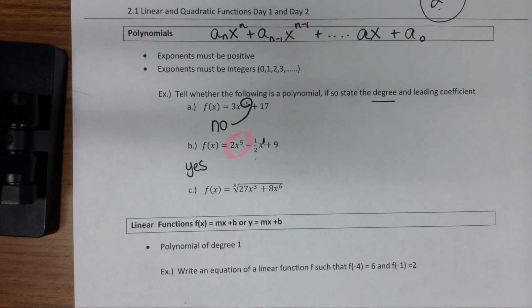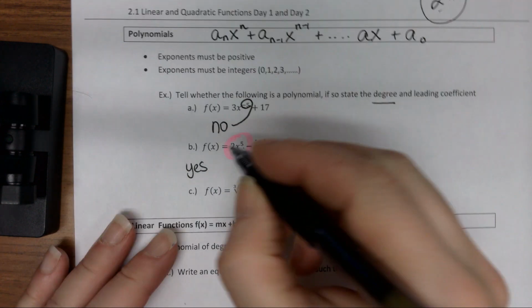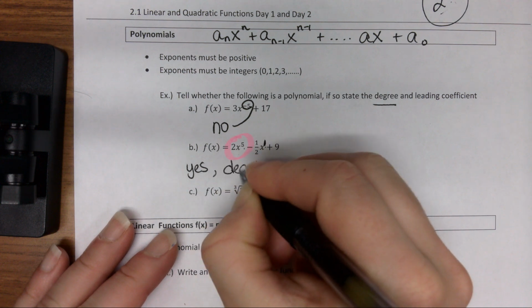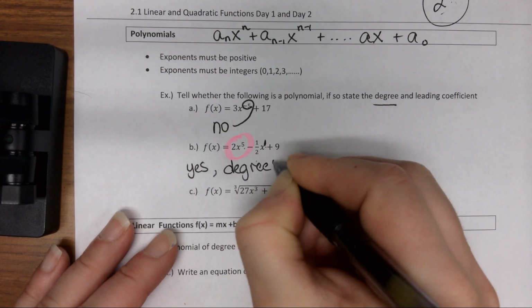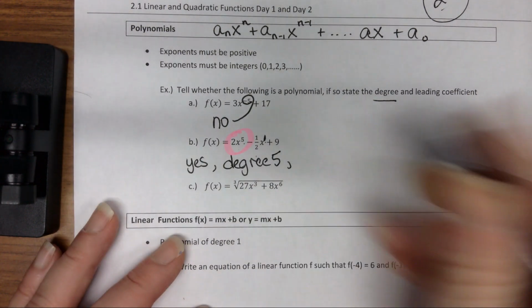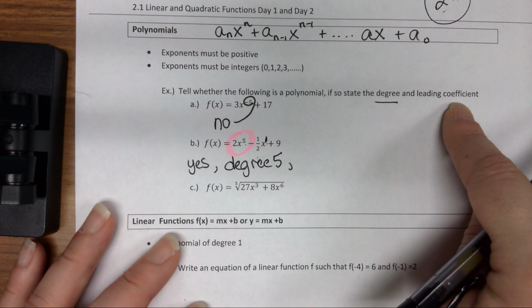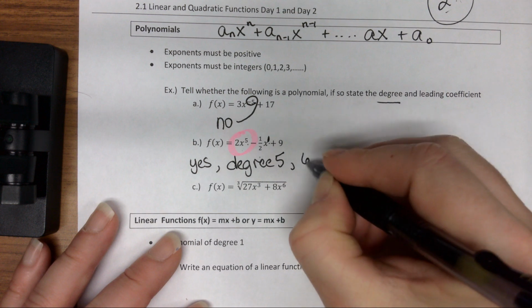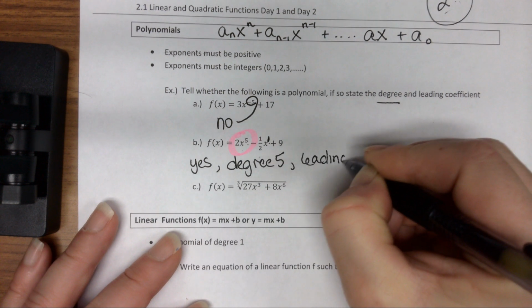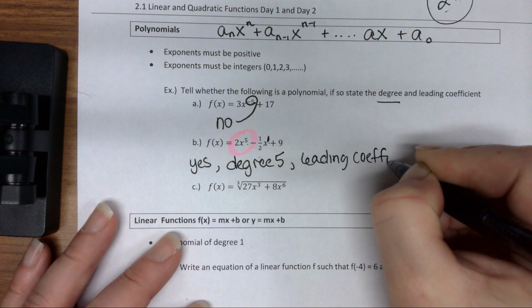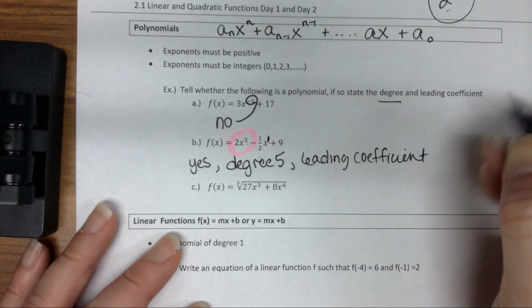What's the exponent? 5, so we would call this a degree 5 polynomial. And then the leading coefficient is just the number that is in front of that first term. So the leading coefficient would just be that 2.